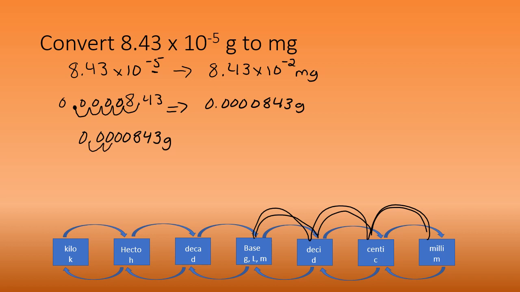So 0.0000843 grams is the same as 0.0843 milligrams, which, as we showed above, is the same as 8.43 times 10 to the negative 2 milligrams.